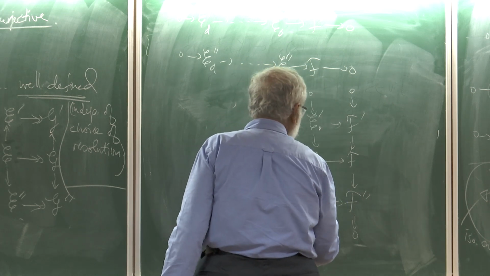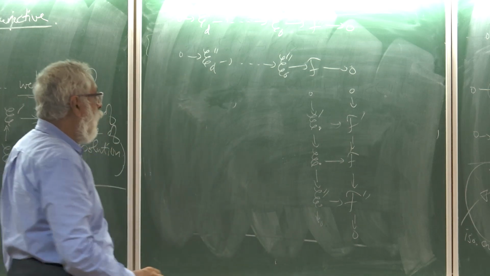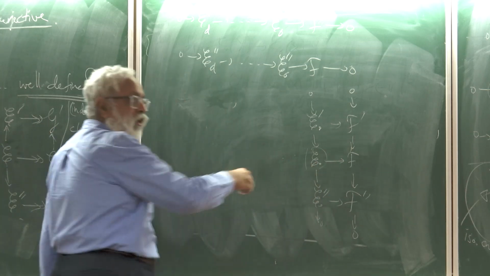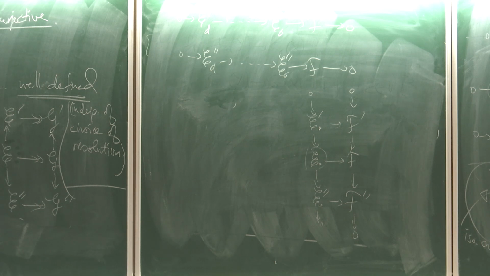In fact, there's a standard way of attempting to do it where these things become direct sums of the terms. These vertical things are split. You have to do a little work, but it's correct.